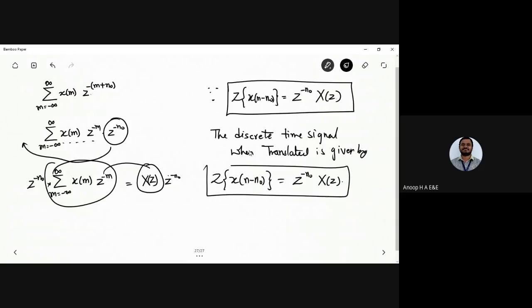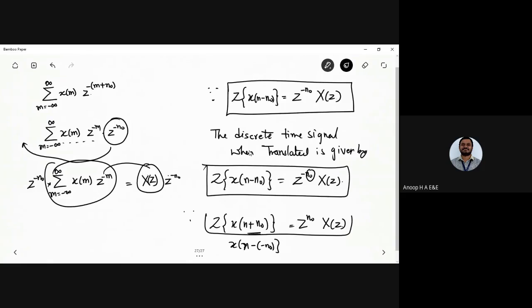Now similarly, if I have the z transform of x of n plus n naught, what would be the signal here? I can change this as x of n minus n naught, so this minus n naught will be replaced here, which is nothing but z power n naught x of z.